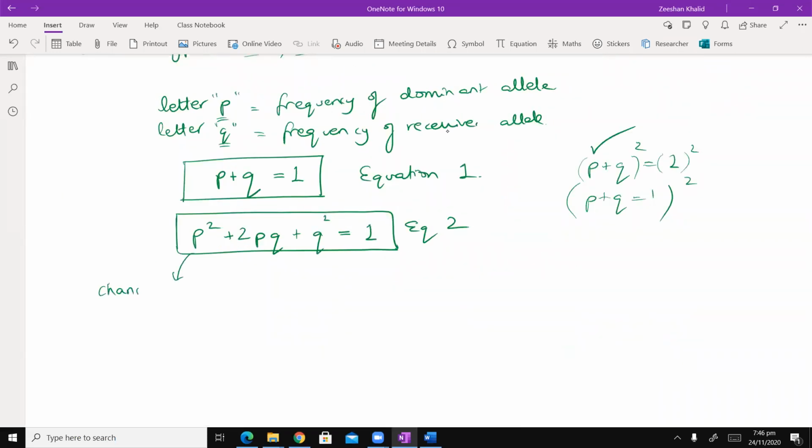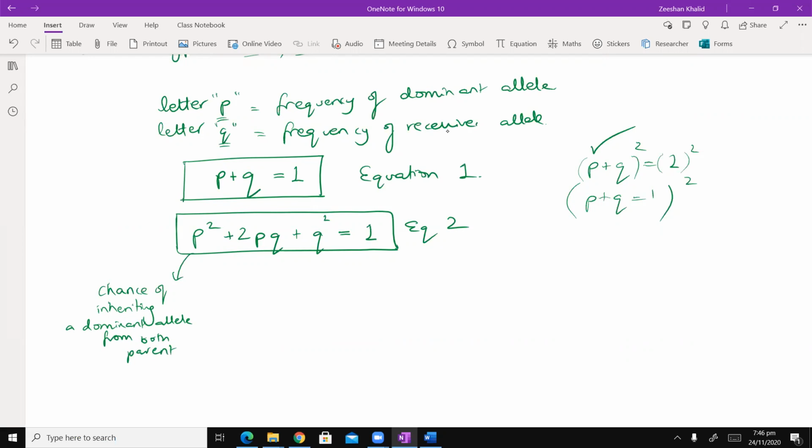Chance of inheriting a dominant allele from both parents. ठीक है, that is p squared.